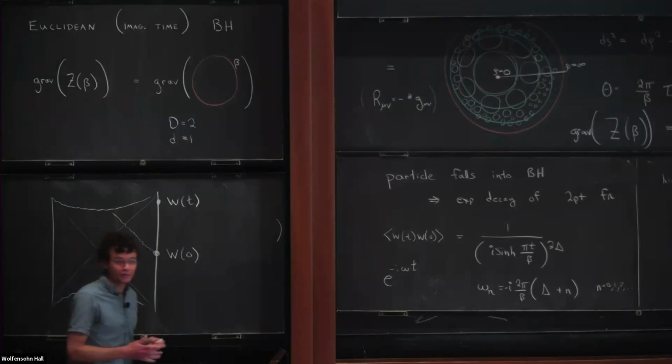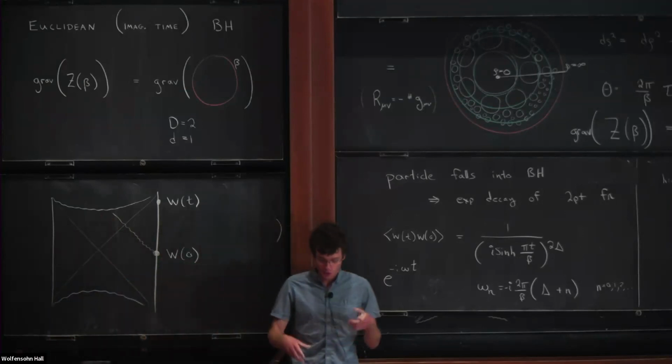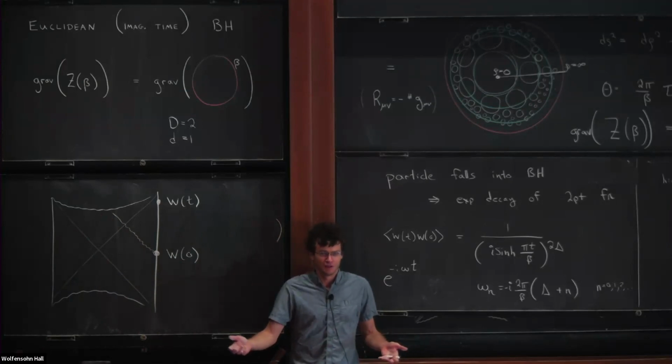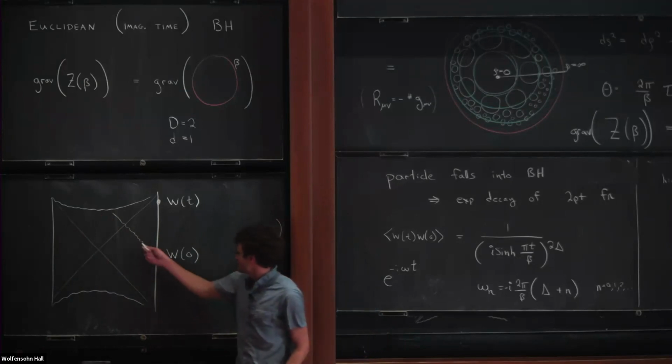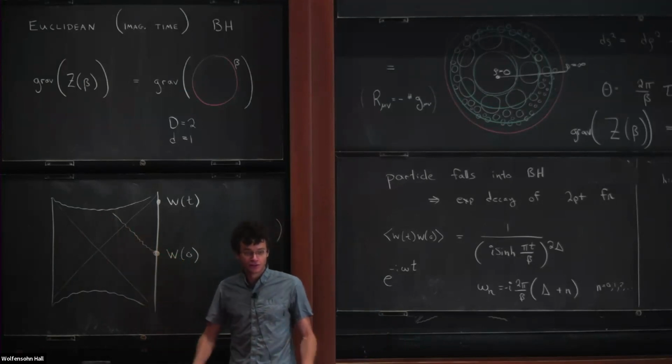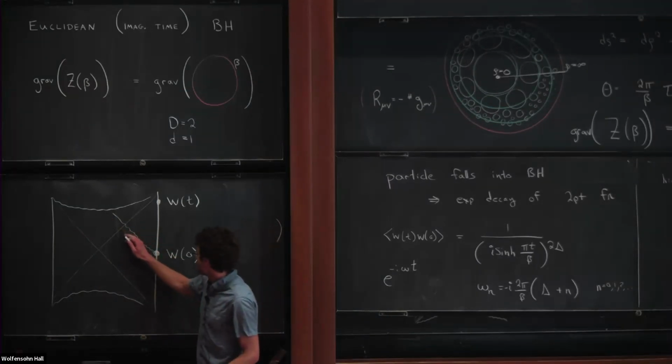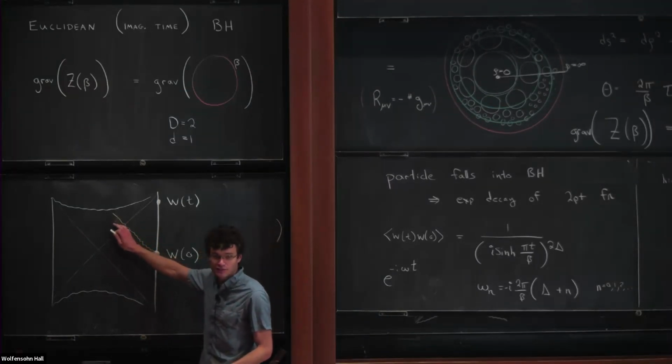From the many-body quantum chaos perspective, you make a perturbation, you wait a while, and the perturbation is no longer there, it's thermalized. But in the gravity picture, it's somewhere. Nothing too crazy has happened to the particle. It is somewhere, it's just close to the horizon, or depending on your time slice, behind the horizon.